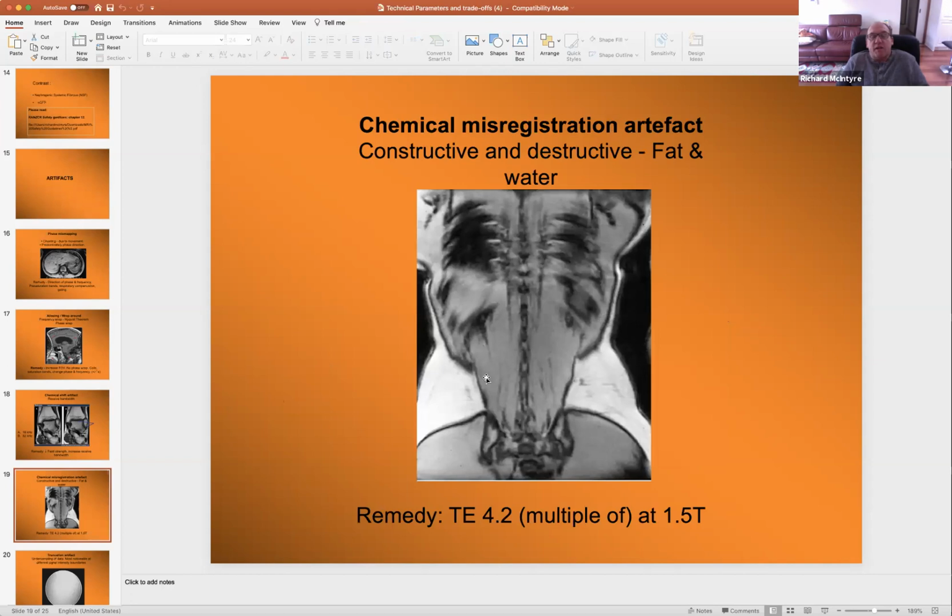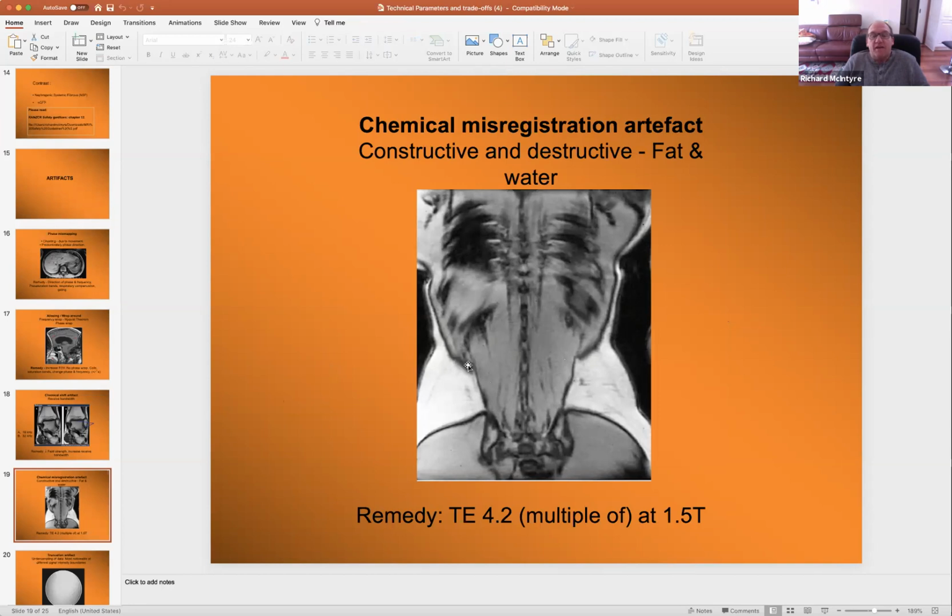Chemical misregistration. Again, I'm not going to go into the physics of this. Suffice to say, this is an out of phase image. You might have heard, and you certainly will hear when we talk about the abdomen, that where fat and water boundaries are, you're going to get decreased signal because you're going to have destructive interference.